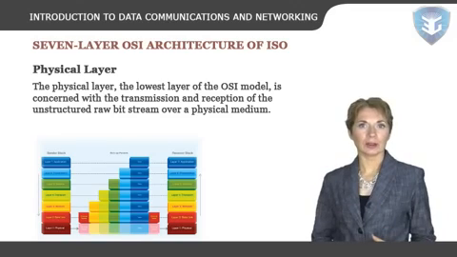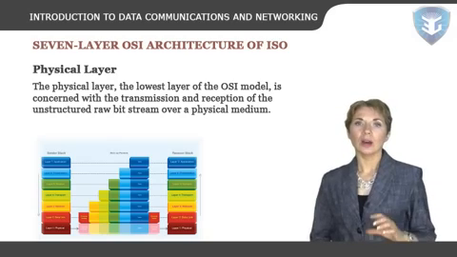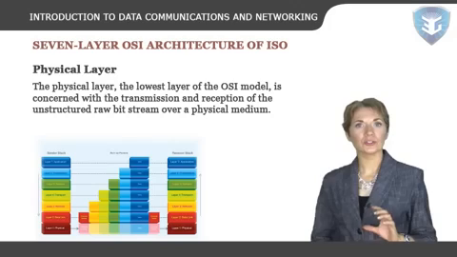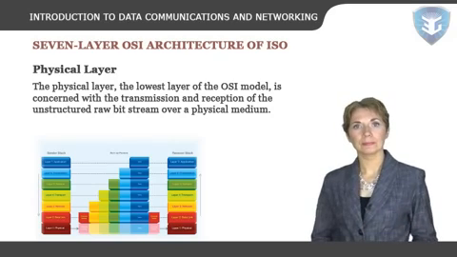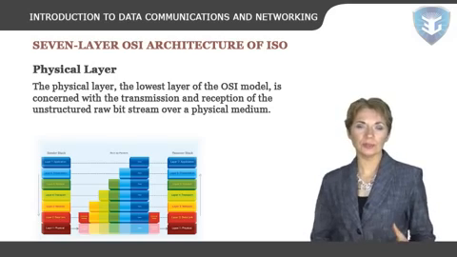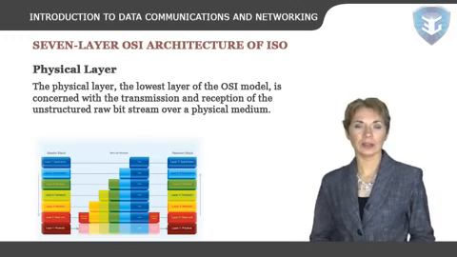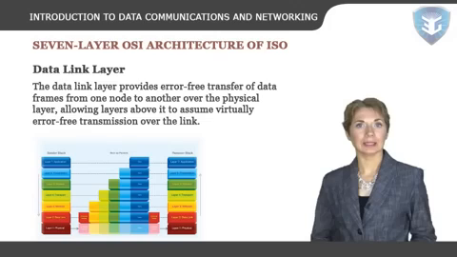The physical layer, the lowest layer of the OSI model, is concerned with the transmission and reception of the unstructured raw bit stream over a physical medium. It describes the electrical, optical, mechanical, and functional interfaces to the physical medium and carries the signals for all of the higher layers.